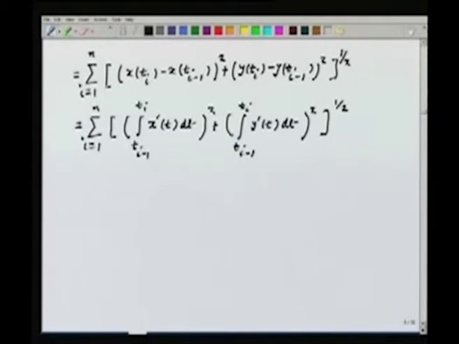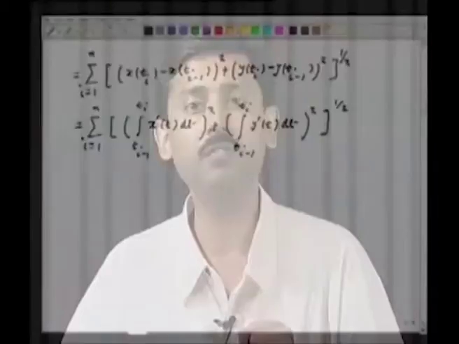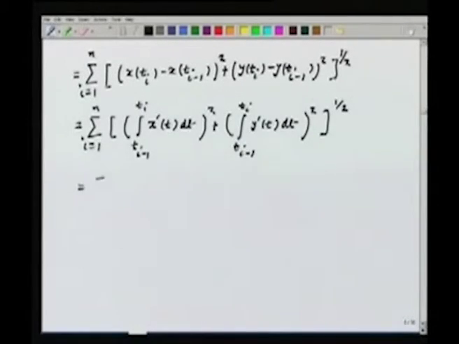If I view t going to (x prime t, y prime t) as a vector valued function, whatever is written here is norm of integral of r prime t. So this I can write as summation i from 1 to n norm of integral t_{i-1} to t_i r prime t dt.